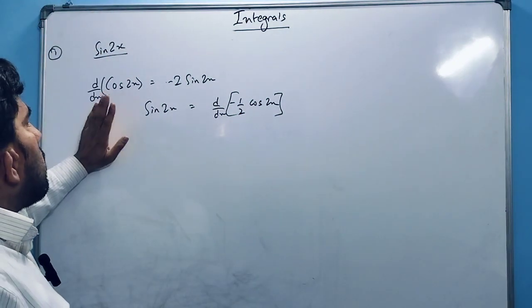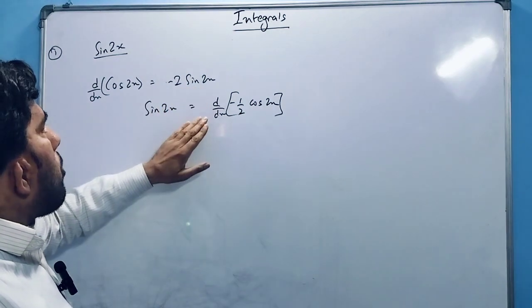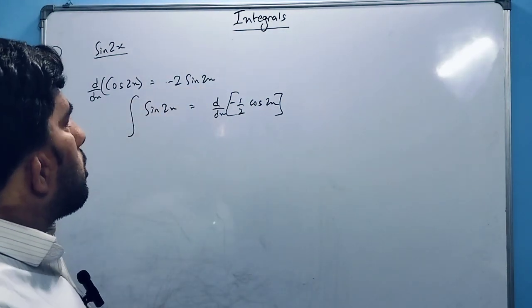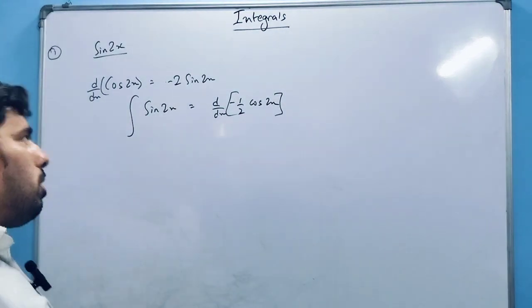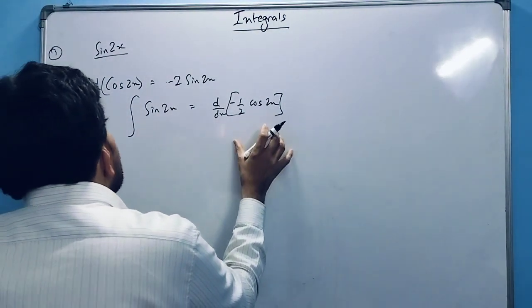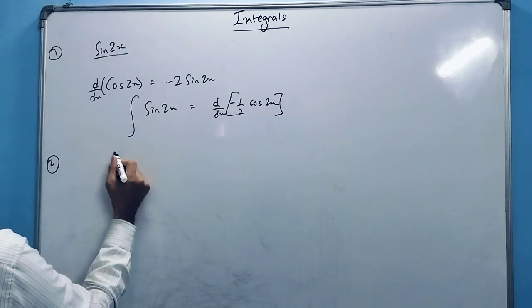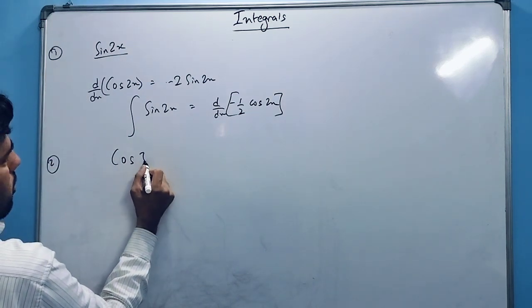So cos 2x, then differentiating we got this. So finally I got the integral of sin 2x as minus half cos 2x. Okay, so that is the integral of this. Now the second we have here is cos 3x.